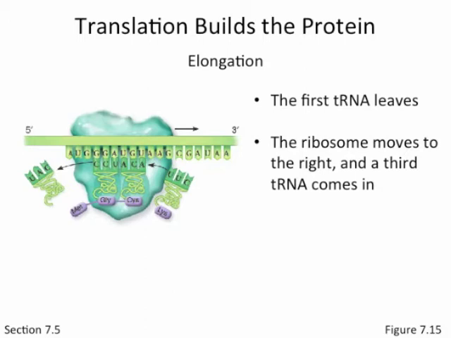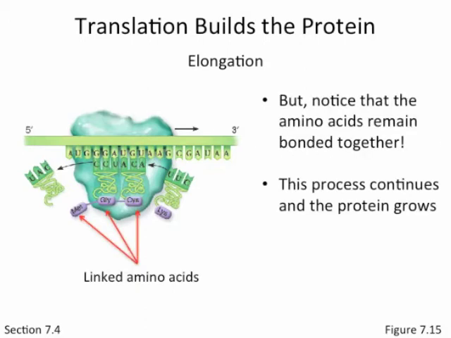Notice that although you keep adding new tRNAs, the initial amino acid remains connected here, and you now have these linked amino acids. So you're going to continue to add new amino acids, and they're always going to be attached to one of the tRNAs that's still in the ribosome. And as the ribosome shifts down, it just kicks out the tRNA without the amino acid. This tRNA will be recycled.